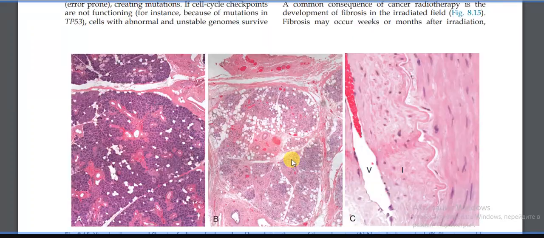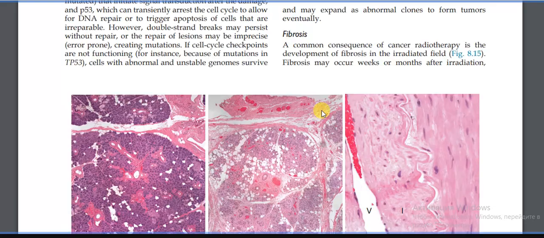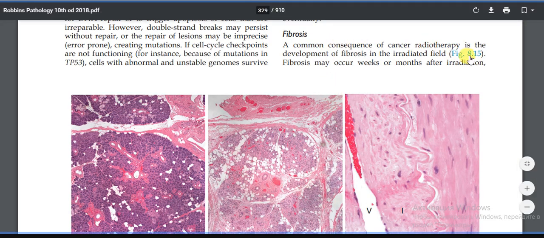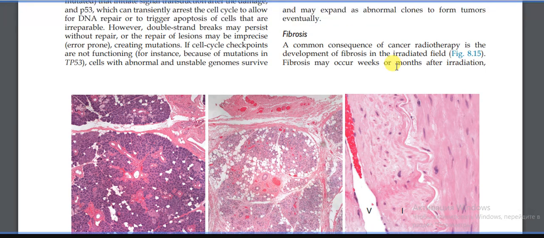Fibrosis. A common consequence of cancer radiotherapy is the development of fibrosis in the irradiated field. As I said before, injury of tissues leads to activation of macrophages, which first promotes the classical pathway of macrophage activation.